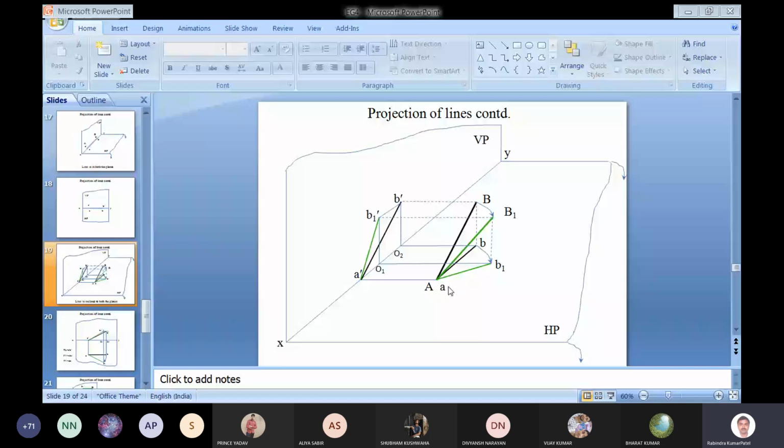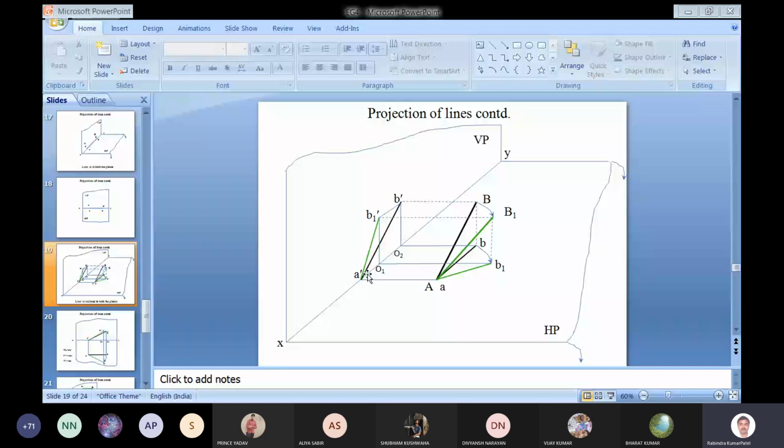Then we can draw a projection line which intersects the reference line at O2, and then draw a perpendicular line which meets this line which is horizontally moved. So we will get B dash, and A dash we can directly project from here onto the reference line. We will have A dash B dash and ab.